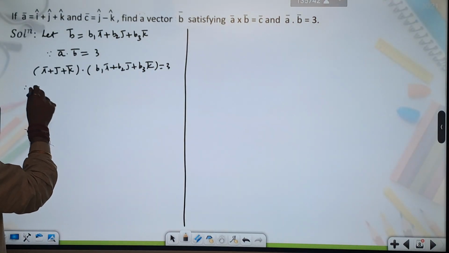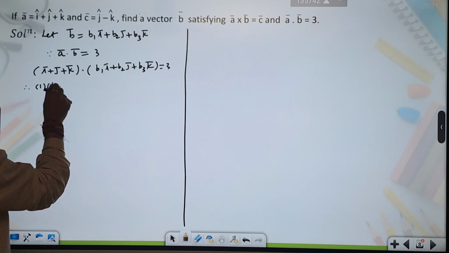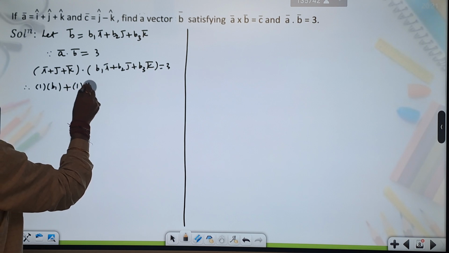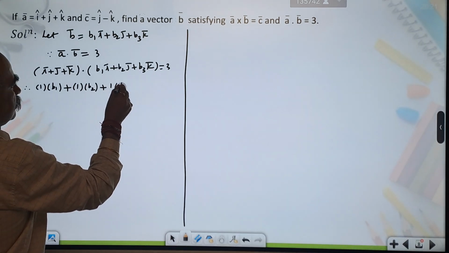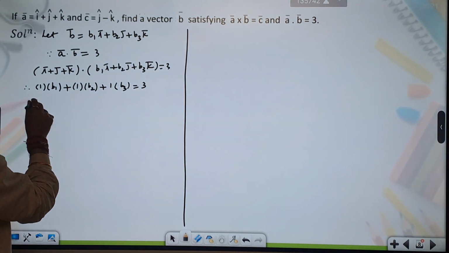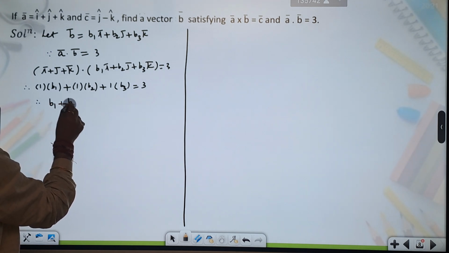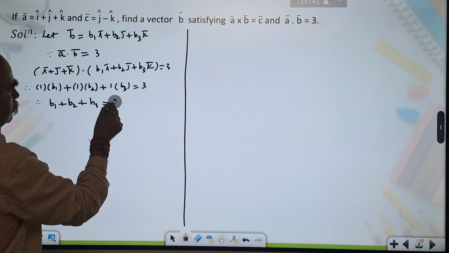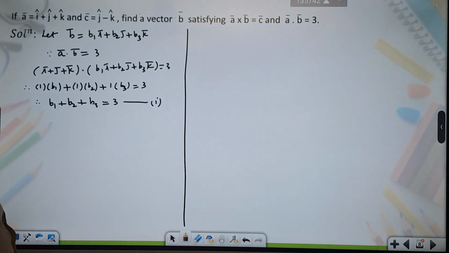So 1 into b1 plus 1 into b2 plus 1 into b3, therefore b1 plus b2 plus b3 is 3. Write this as equation number 1.